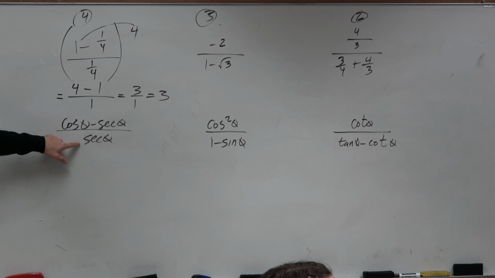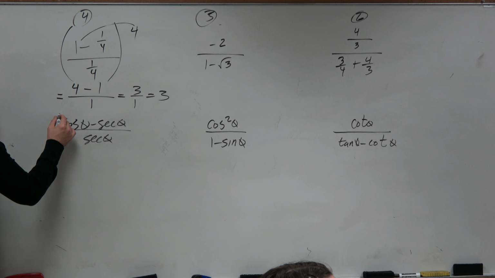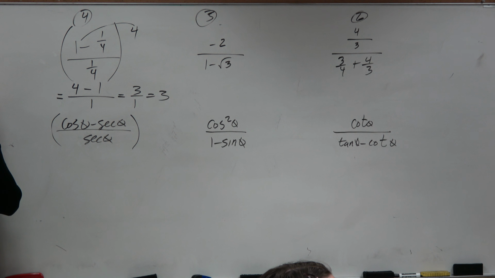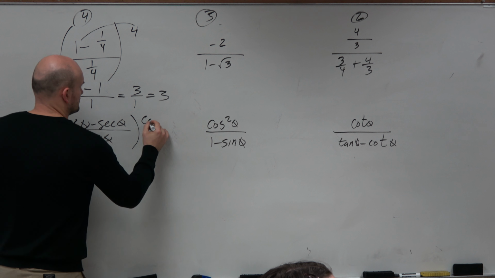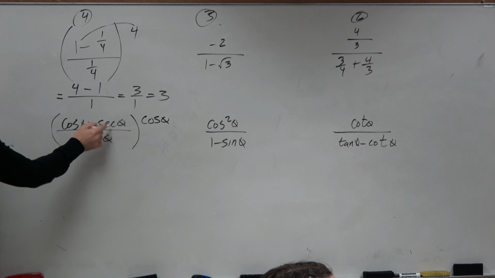Agreed? So why don't we just multiply everything times the reciprocal of that denominator, which is, the reciprocal of secant is cosine. Which again, guys, if you write these, that's 1 over cosine, and that's 1. So again, this would be the reciprocal.